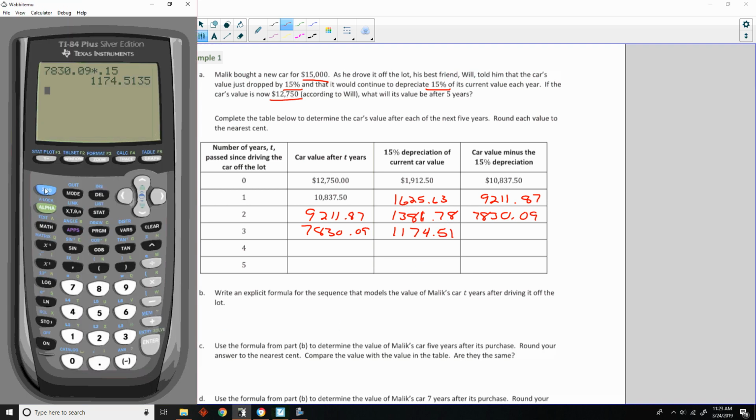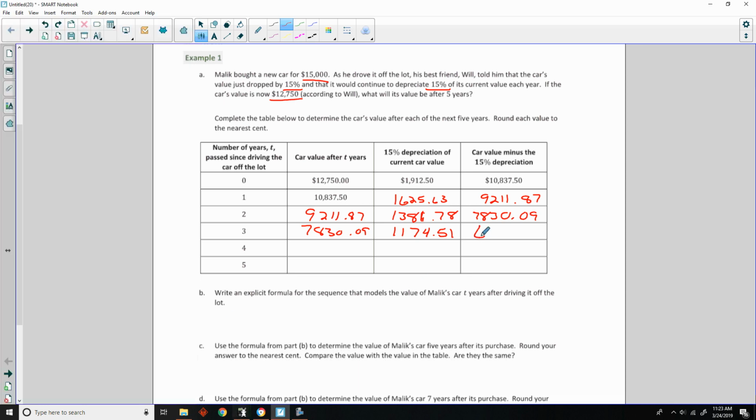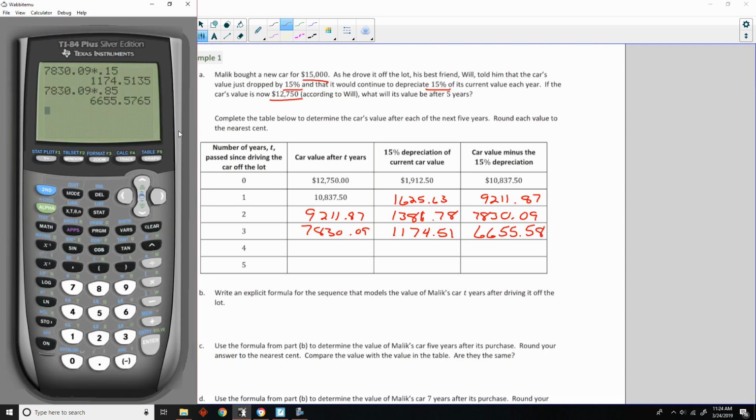The quickest way to do that is just to go back to the previous entry and change that 0.15 to 85. 85% of that value is our subtracted amount, which is 6655.58. Okay, which I got right here. Rounding, remember.